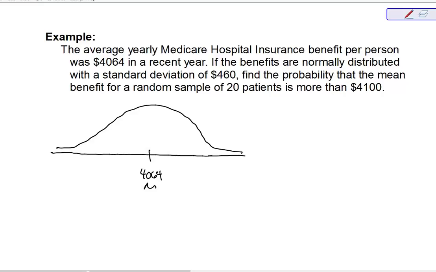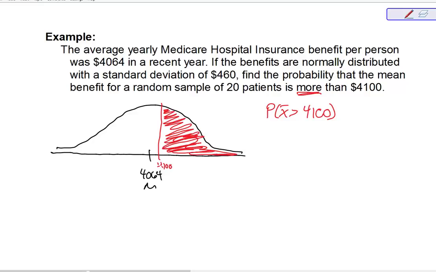And so $4,100 is about right here. And I want more than, so that means I'm shading to the right. Okay. So I'm looking for the probability that the mean is more than $4,100.